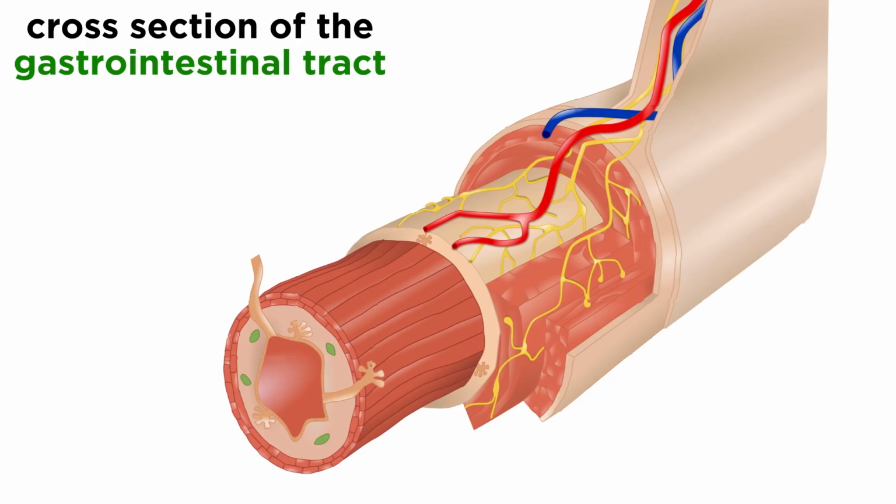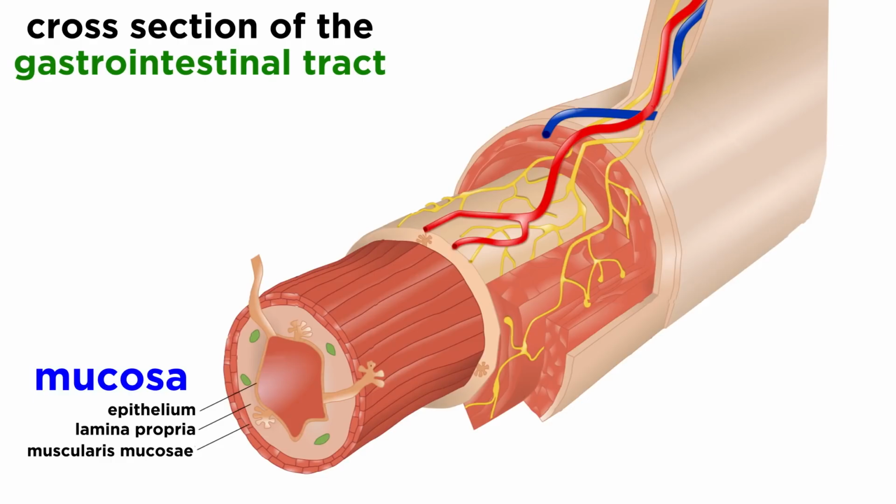Now let's get a closer look at the GI tract as a whole to see the basic structure that surrounds the lumen of the tract. The innermost layer is the mucosa, or mucous membrane. This secretes digestive enzymes and hormones into the tract and also absorbs digestive food into the blood. It is made of a single columnar epithelium, followed by a lamina propria made of loose areolar connective tissue, and then the muscularis mucosae, made of smooth muscle.